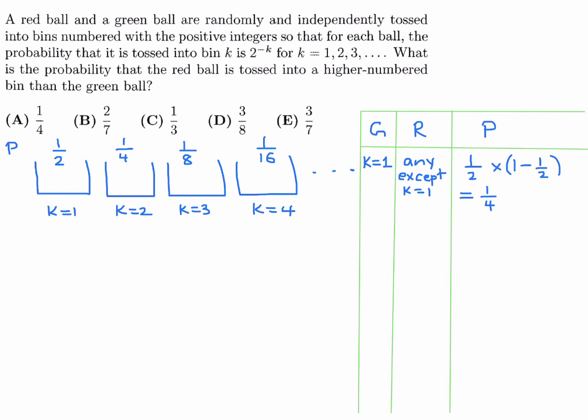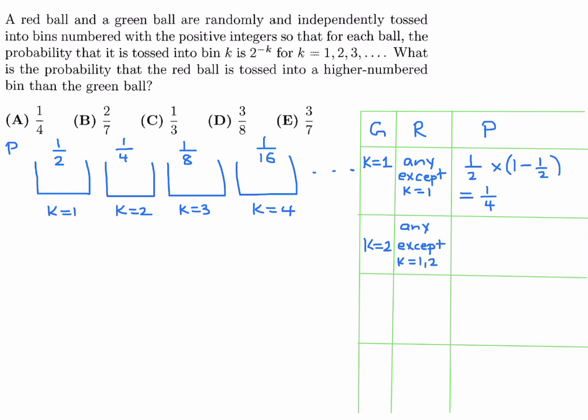All right, let's keep going here. So I think I'll do 4. I think that should be good enough to see the pattern. Okay, k equals 2. If we want the rule to hold, r can go into any except it can't go into k equals 1 or k equals 2.